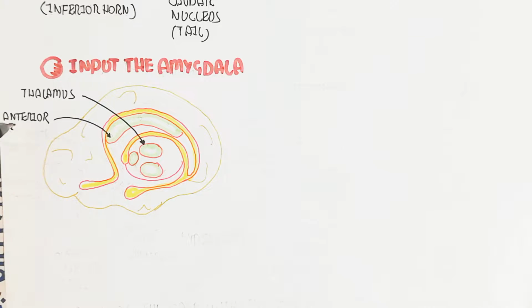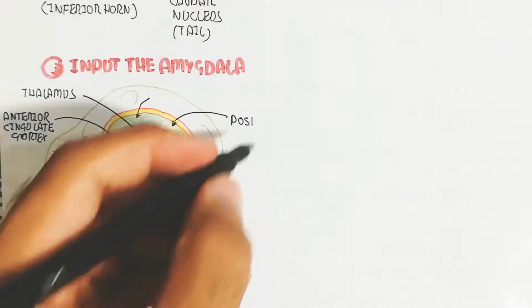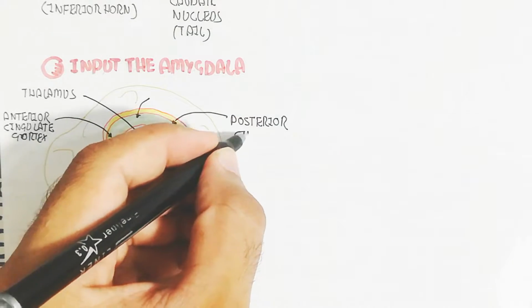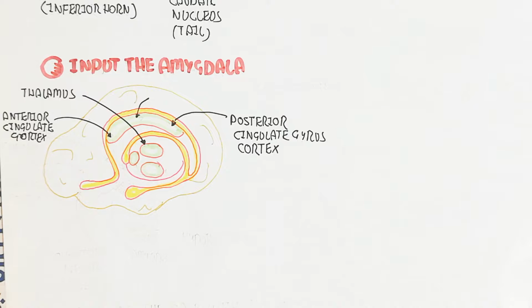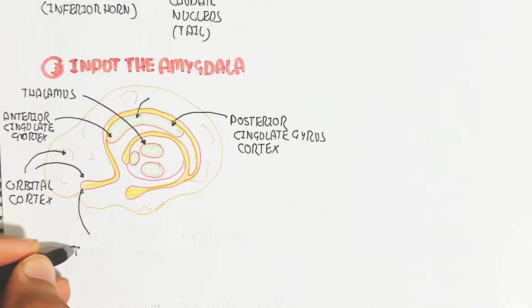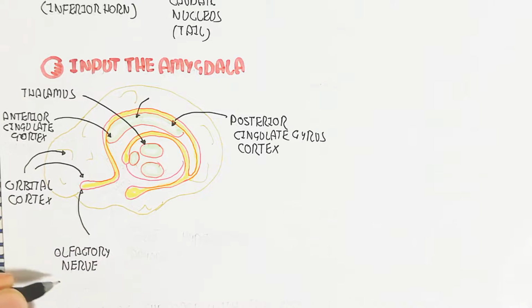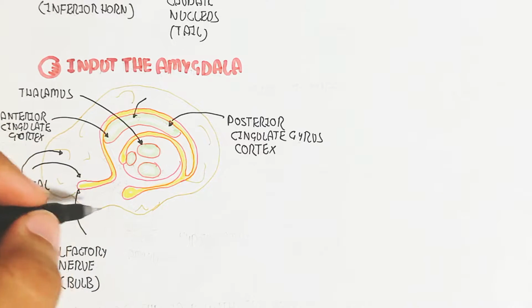Remember, this is the anterior cingulate cortex, and this is the cingulate gyrus, and this is the posterior cingulate gyrus, which has the cortex in the upper part and the posterior cingulate gyrus inside, and this is the orbital cortex as well as the olfactory bulb.